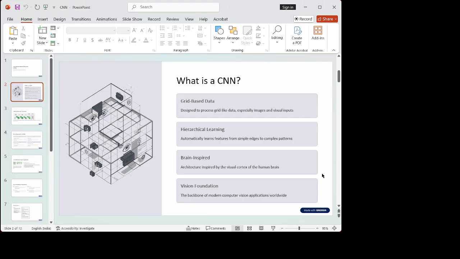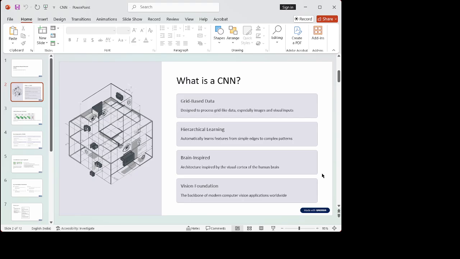The second one is hierarchical learning. It can automatically learn features from simple edges to complex patterns. In other words, CNN learns features progressively.